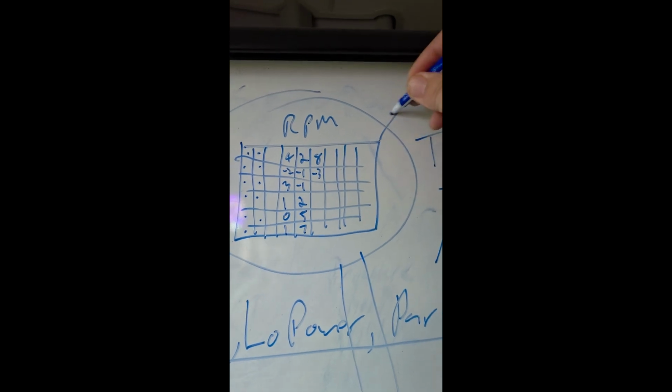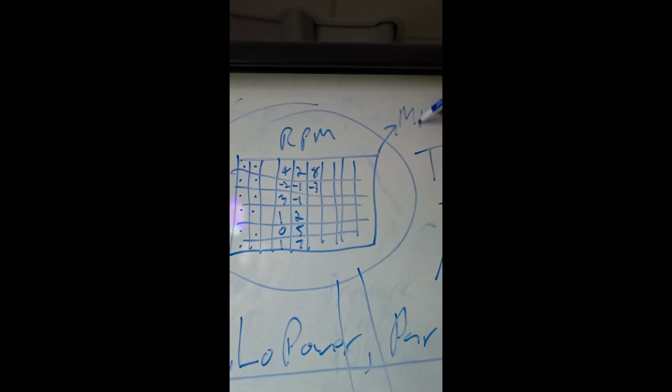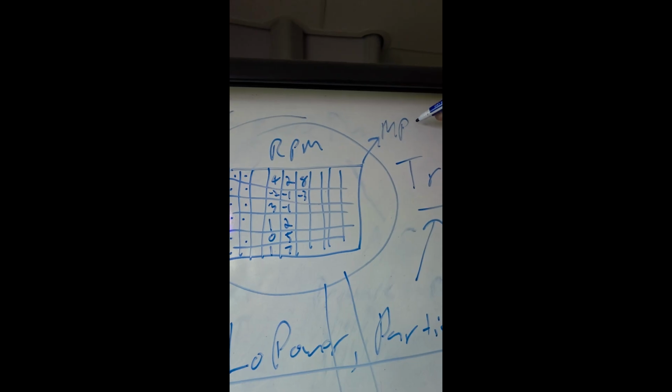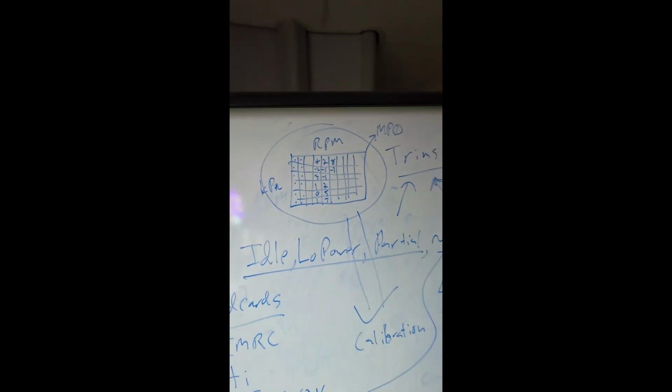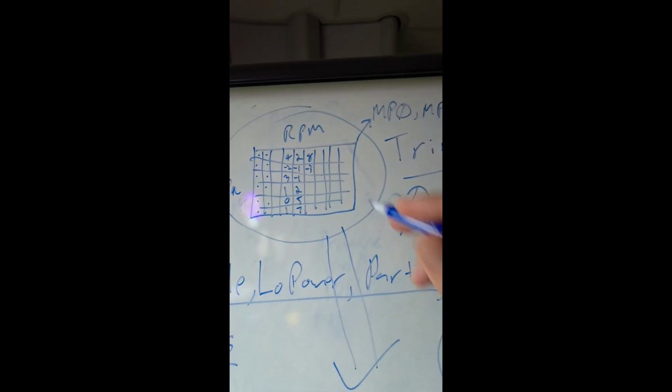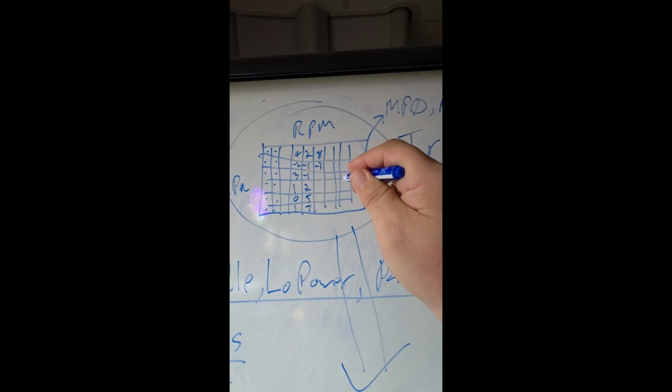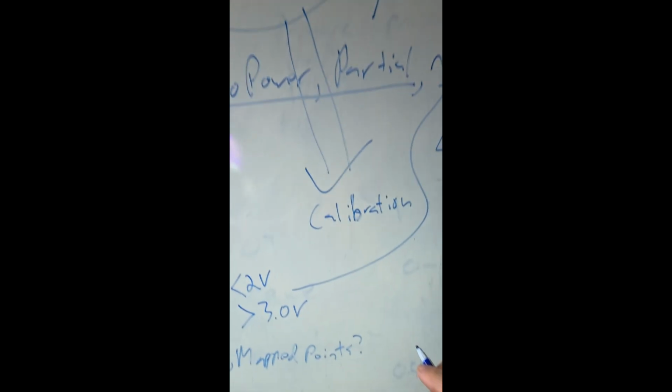There's a catch. This is for mapped point 0. There is another table, mapped point 1, which will have a different grid.